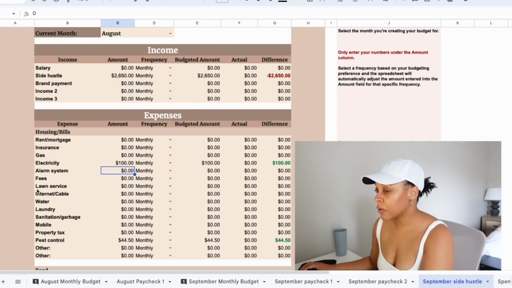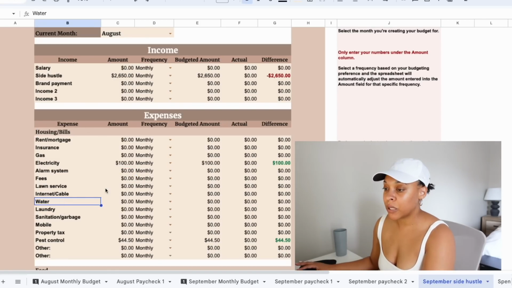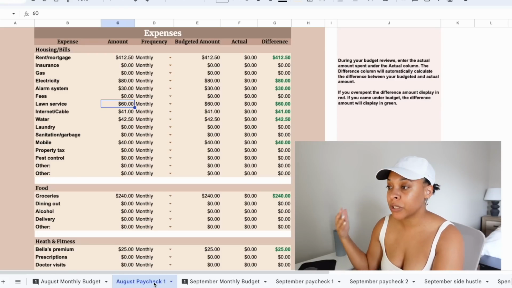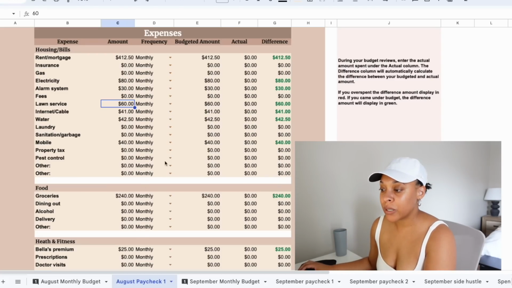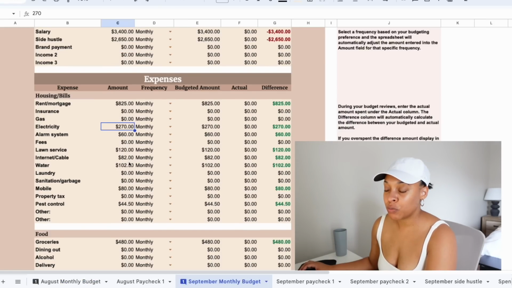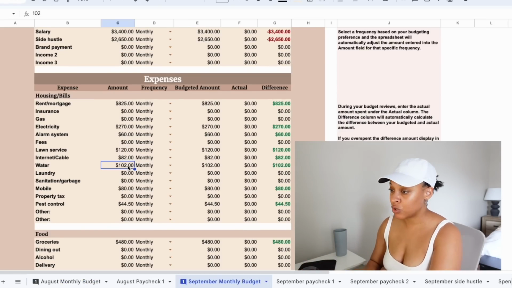My water bill also that's coming out this month is higher than normal since I had that hot water leak. And so I typically budget for water, this is August monthly budget, $85. For this month, I need to budget $102.